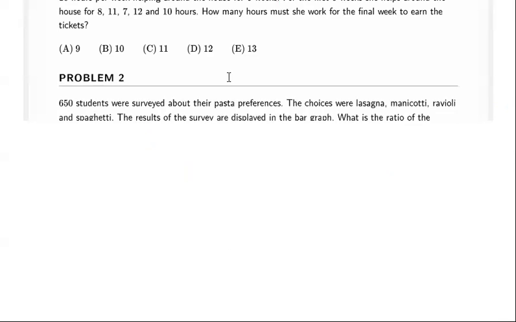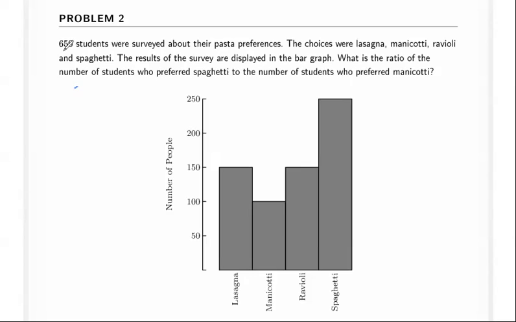Okay. So we are told there are 650 students who were surveyed about their choices, right? And then the options are given. There are 4 choices. And what would be the ratio of the number of students who prefer spaghetti? So that's the one we are concerned with first.